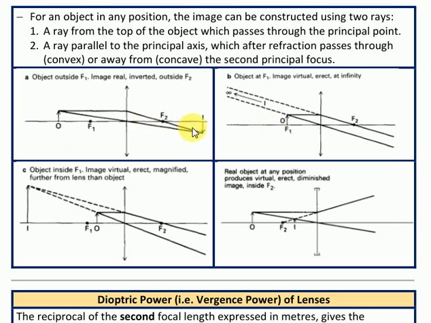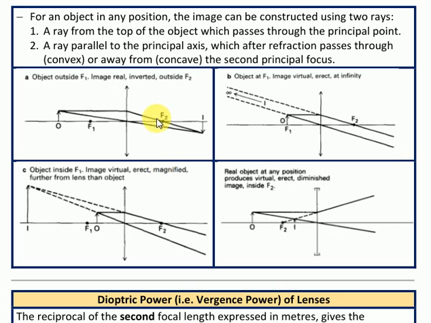Here you can see in these three images. In case of concave lenses, after refraction it passes away from the second principal focus.